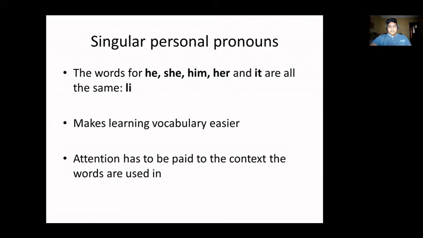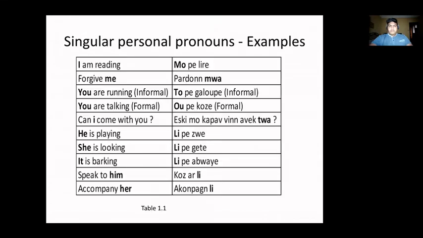This is great because it makes learning Mauritian Creole a lot easier, but you still have to pay attention to the context where the singular personal pronoun li is used, because you don't want to create some ambiguity. But as I said, when we take a look at the examples, you're going to understand it better.